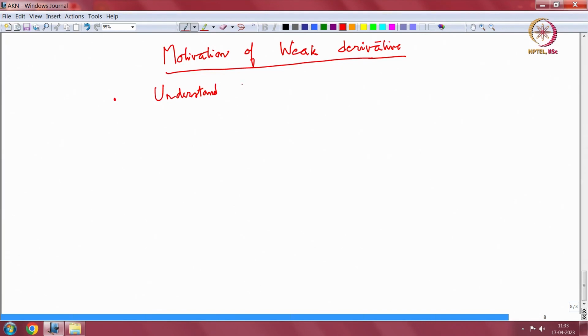So, understand functions as linear functionals. Two important concepts I am going to introduce now are functionals and what is called localization.